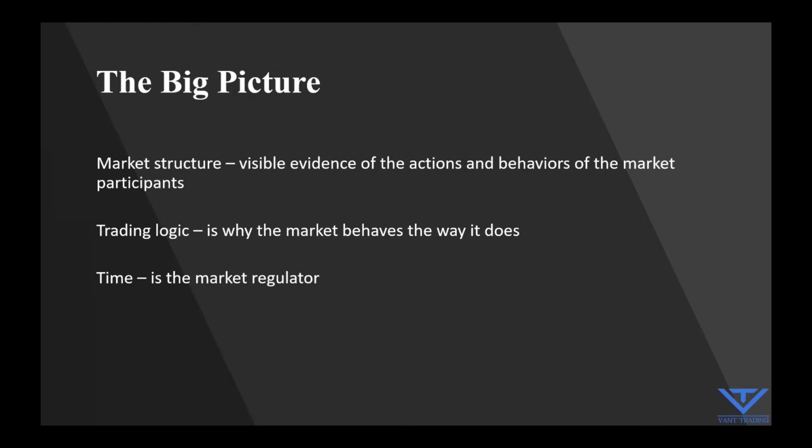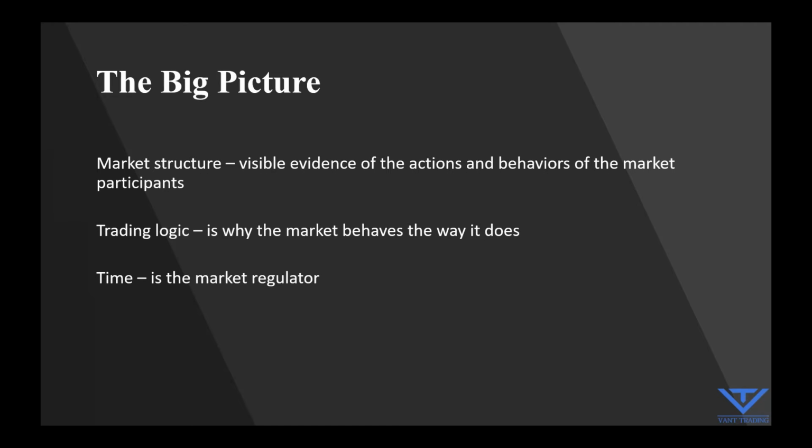The big picture is you're looking at the market structure. Then you're adding trading logic to that market structure, which is why does the market behave the way it does? And that comes really from your experience. And then you're adding time, which is the ultimate market regulator. And that's the big picture.